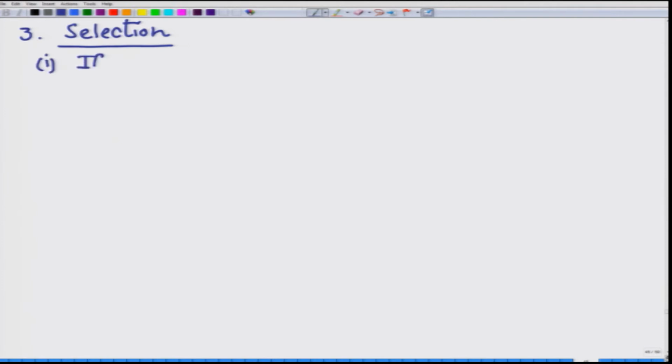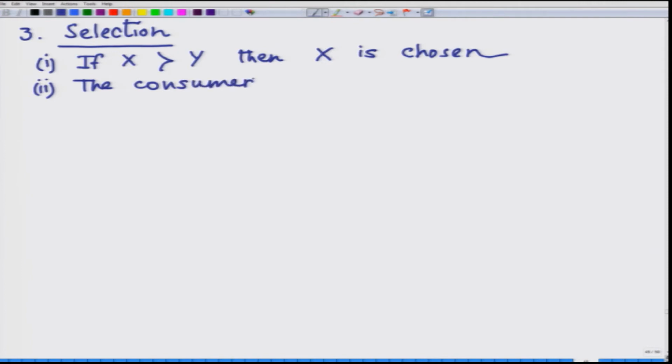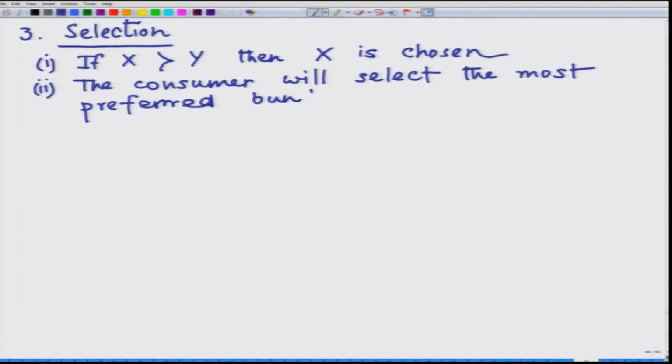If X is preferred over Y, then definitely X is chosen by the consumer, and number 2, the consumer will select the most preferred bundle in the feasible set.